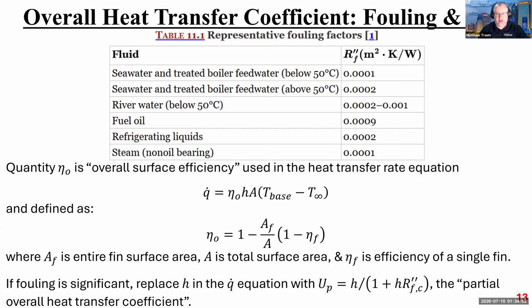We have an associated resistance for that. Seawater and treated boiler feed water. Huh. Interesting. These look the same to me, although this is a table right out of the book, copy pasted right out of the book. My guess is that one of these is treated and the other one is untreated. So let me check on that.